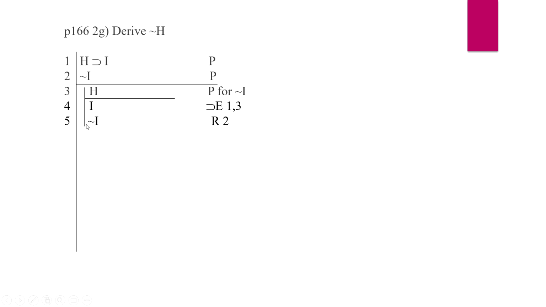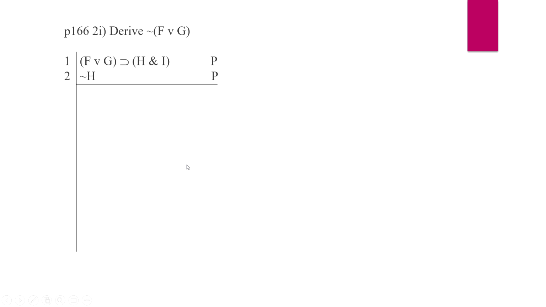So it was important for us to make sure we reiterated the negation of I here. And again, that lets us use the rule, right? We've assumed the opposite of what we want to get, and we've proved a contradiction from it. So on line 6, we can use negation introduction to add a negation to H. And again, we cite that whole subderivation, in this case, lines 3 through 5.